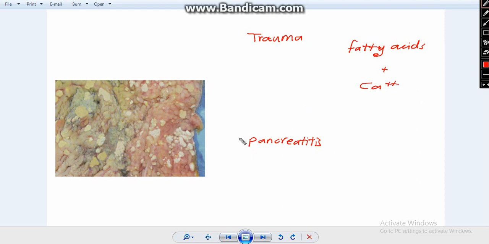So in pancreatitis, we should remember that the parenchyma undergoes liquefactive necrosis. However, the peripancreatic fat undergoes fat necrosis. And this is an important thing.